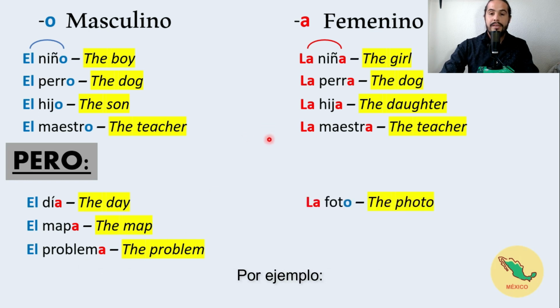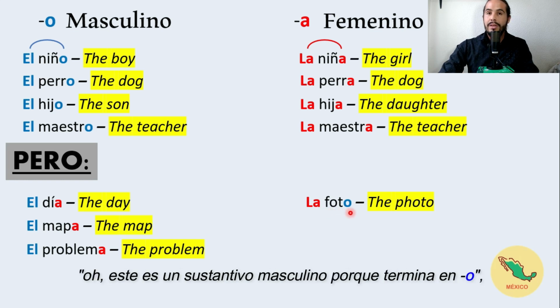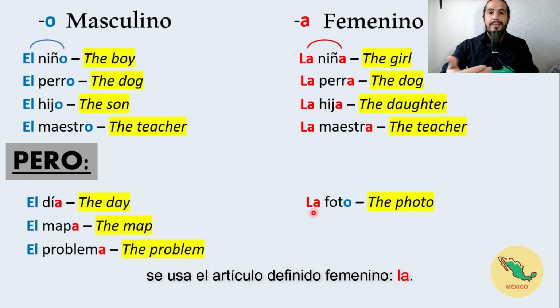For example, you get la foto. When you see this noun, photo, you may think, oh, this is a masculine noun because it ends with O. But no, this is a feminine noun. And because it is a feminine noun, you use the feminine definite article.